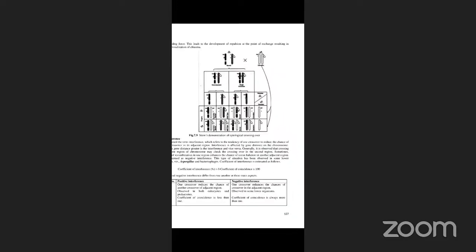Negative interference is where one crossover enhances the chance of crossing over in the adjacent region. It is observed in some lower organisms, and the coefficient of coincidence is always more than 1.